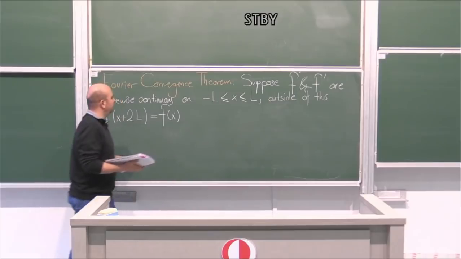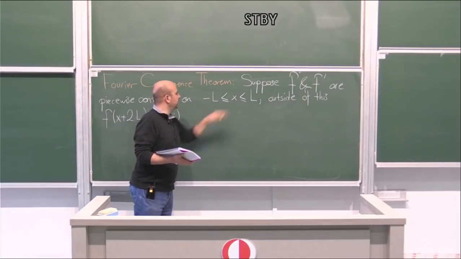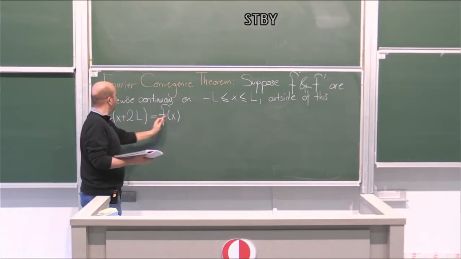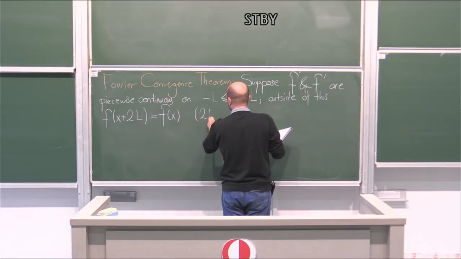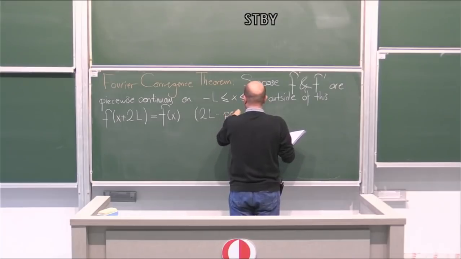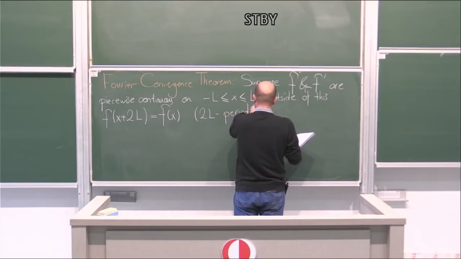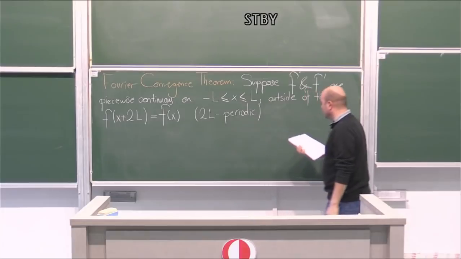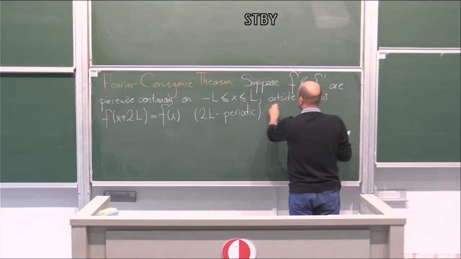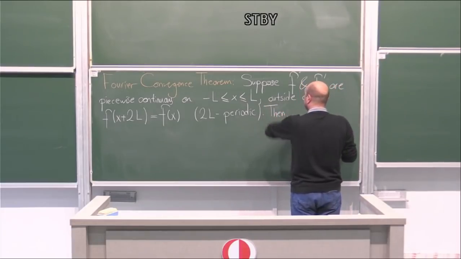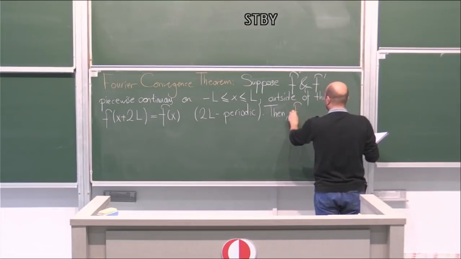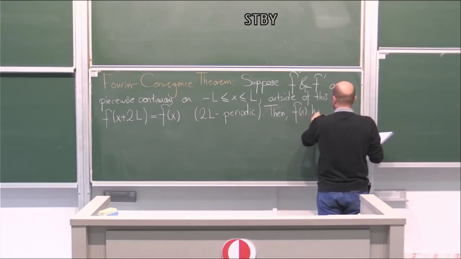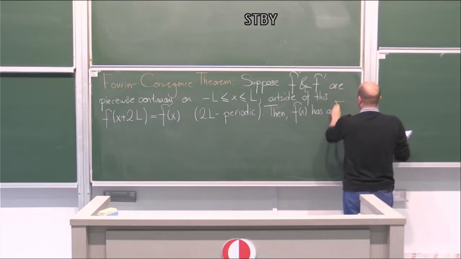So that means if you know the function here, then you know it everywhere by using this notion. So it is 2L periodic. Then if these conditions are satisfied, then f of x has a Fourier series.